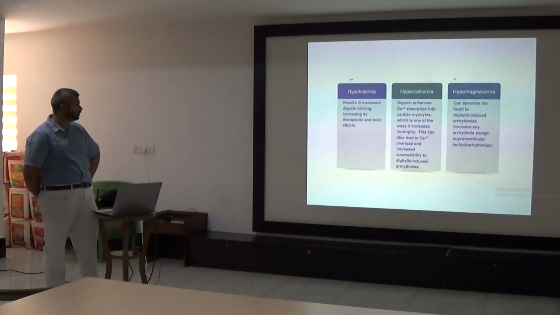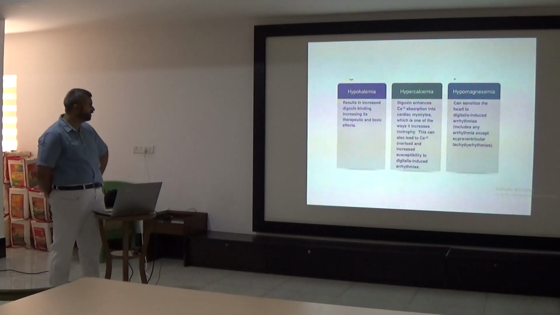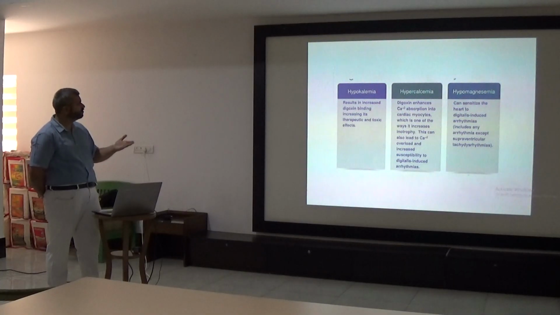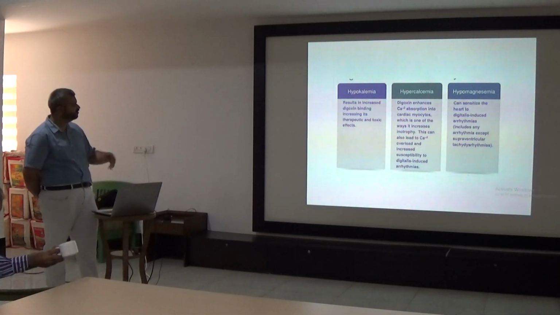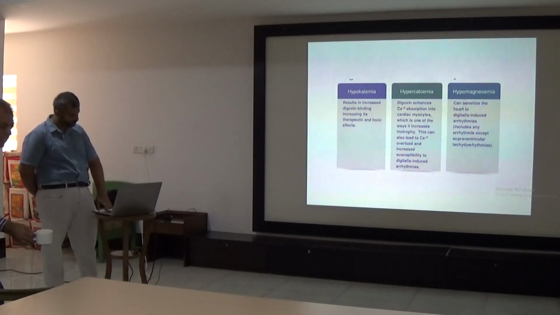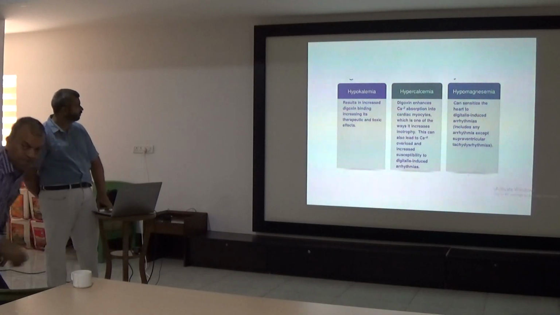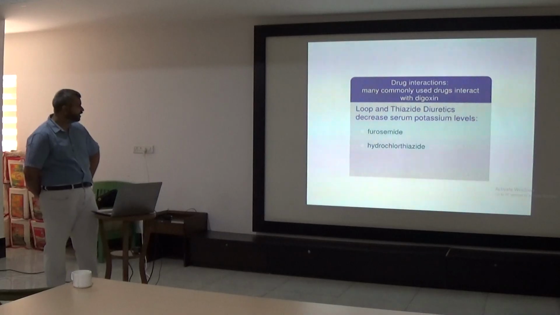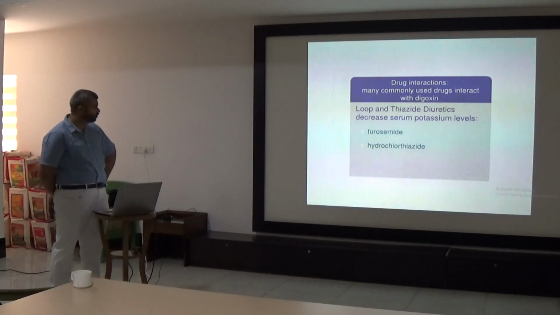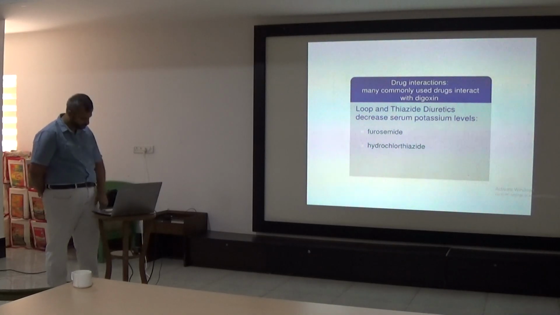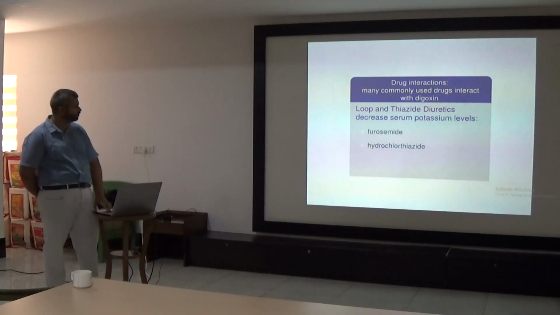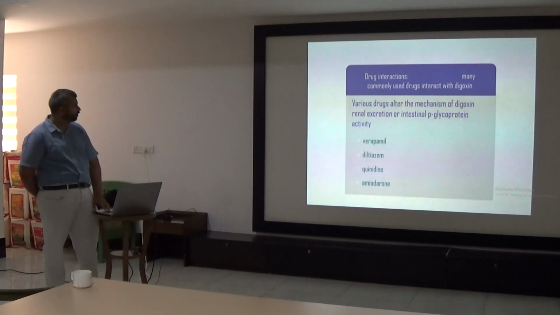This is the enhanced innate activity of the drug, which leads to certain complications, and hypomagnesemia again sensitizes the myocardium more towards the effects of digoxin. In drug interactions, of course, we have diuretics that cause decreased urine production and increase the chances of toxicity even at normal doses.